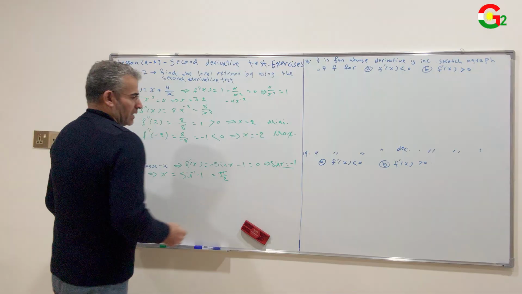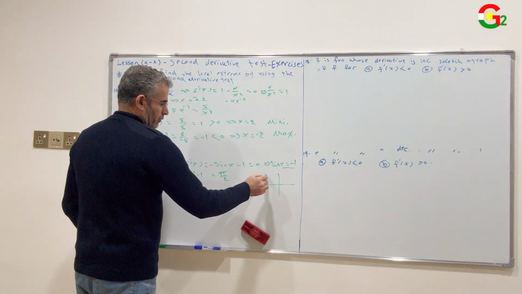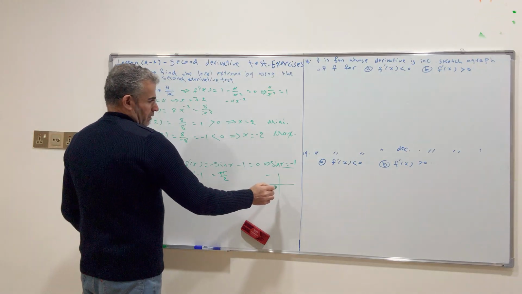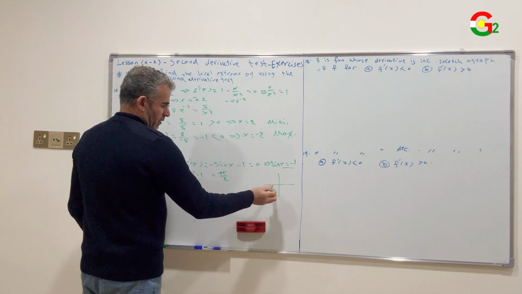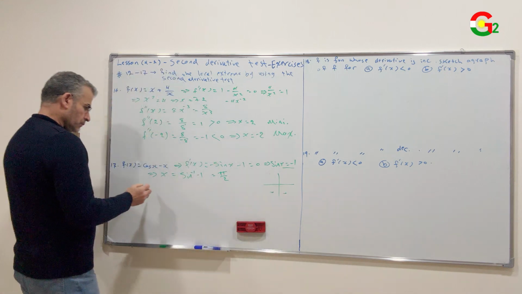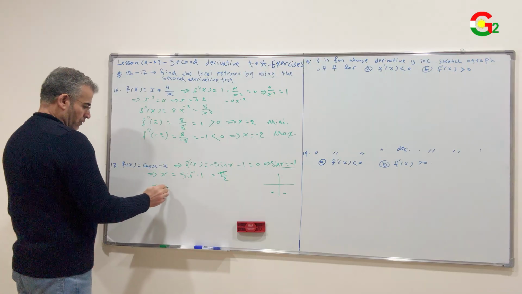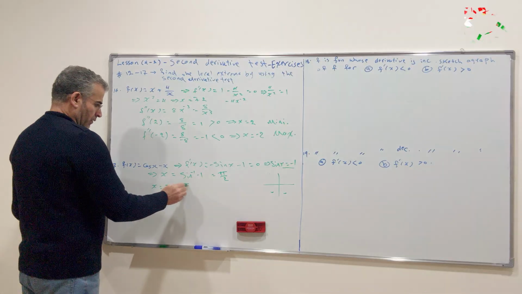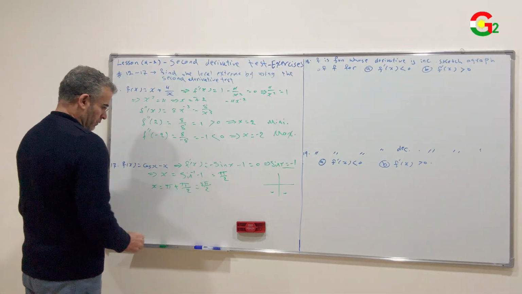The sign is negative in quarter 3 and 4. In quarter 3, x equals pi plus pi over 2, equal to 3 pi over 2.